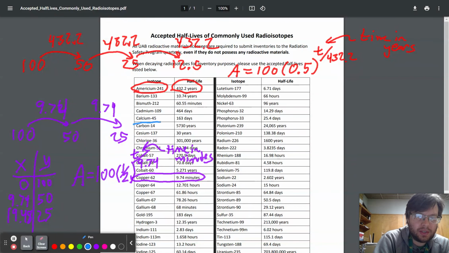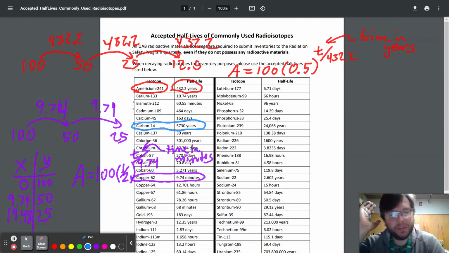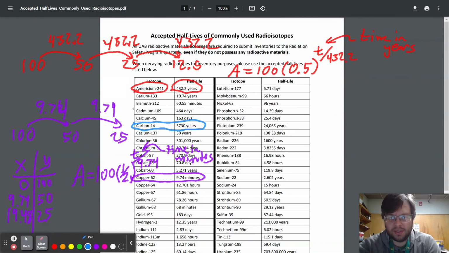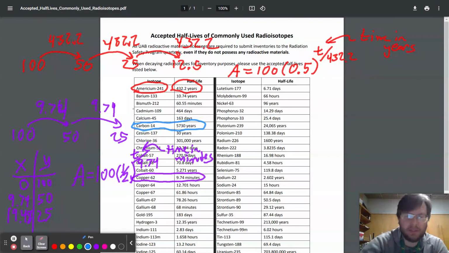So carbon-14 is something that people use when they're trying to figure out how old something is. If they dig up a fossil, or something from archaeology, and they want to know how long ago it happened, they'll use carbon-14. And it has a half-life of 5,730 years.